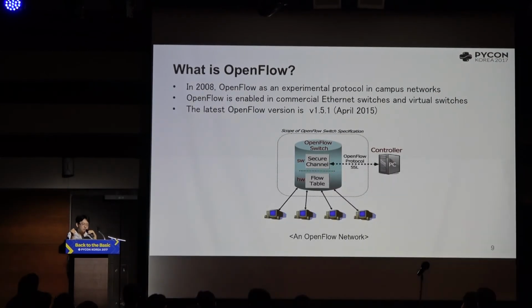It usually took 2 to 3 years if they were lucky, but most of them wanted to try something as they wished. So OpenFlow started as an experimental protocol in campus networks.